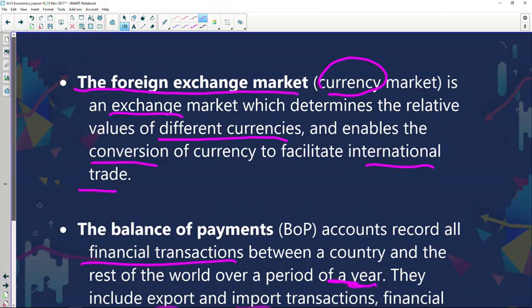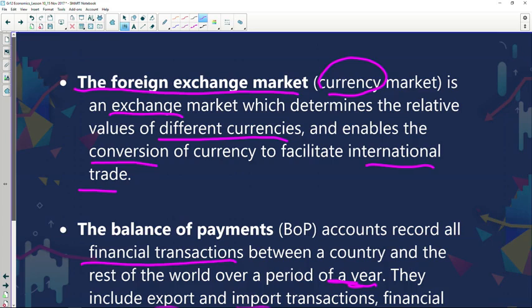I'm just going to quickly recap, because as we go through this lesson, we will be coming across the concept of a foreign exchange market and that of a balance of payments account. Just to recap, the foreign exchange market determines the relative values of different currencies and enables the conversion of currency to facilitate international trade, because countries have moved away from self-sufficiency and now they are trading with other countries.